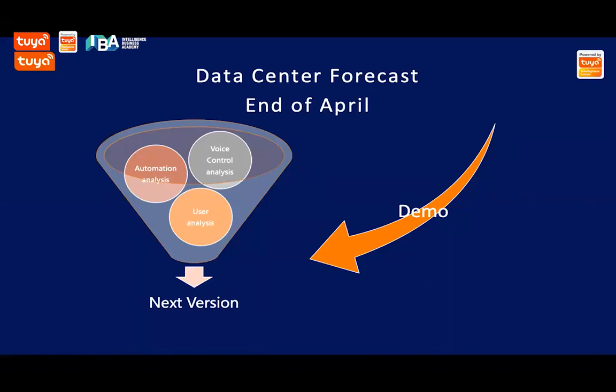So you can have different level of users. You can know which to push advertisements to. And besides of all the new functions, we will provide a demo for the data center, because what I showed you, there is no much data because I don't sell products on my account. But for the demo, you can see numbers, play around with them.